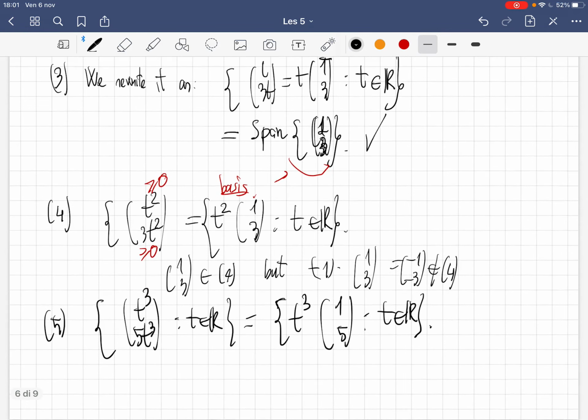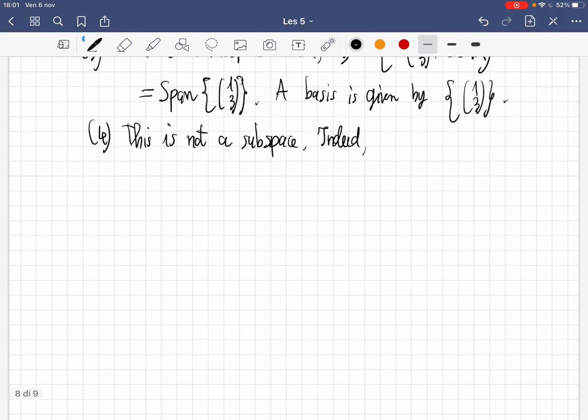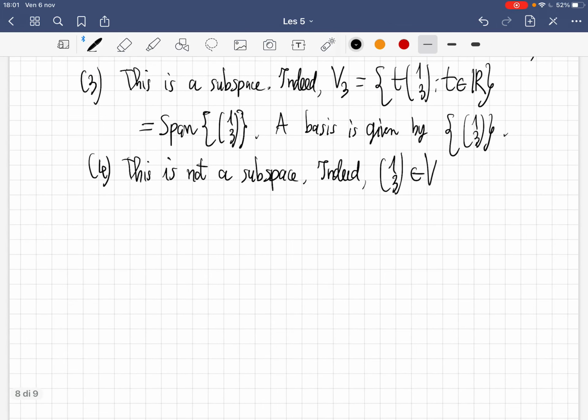So (-1, 1, 3) lives in this V4, but doesn't belong to any element.